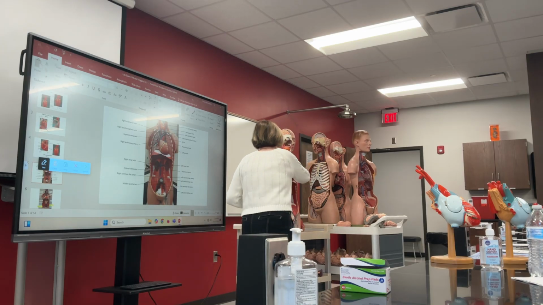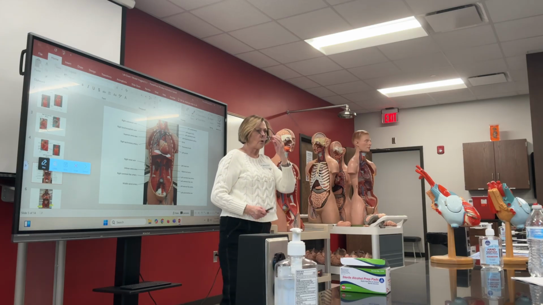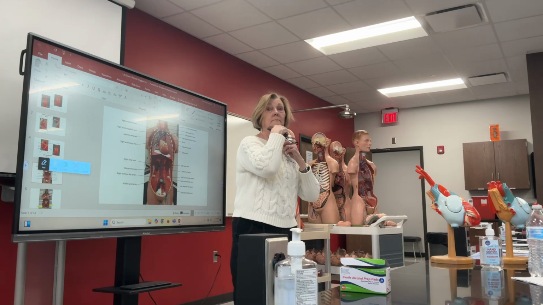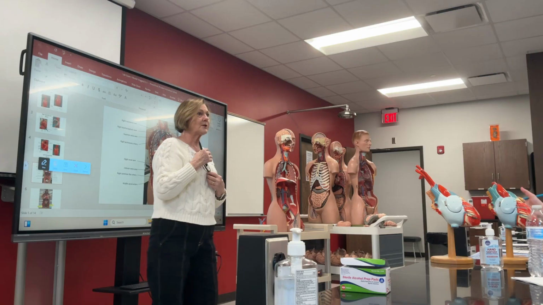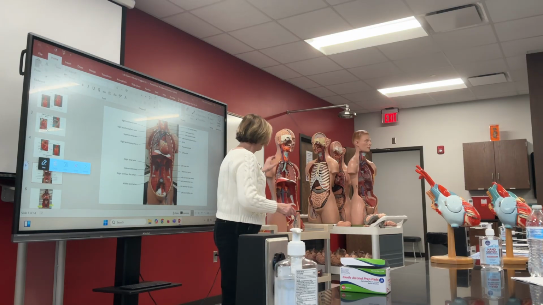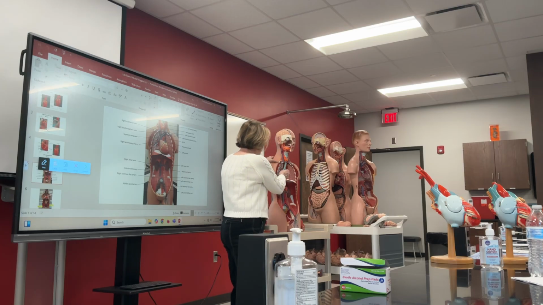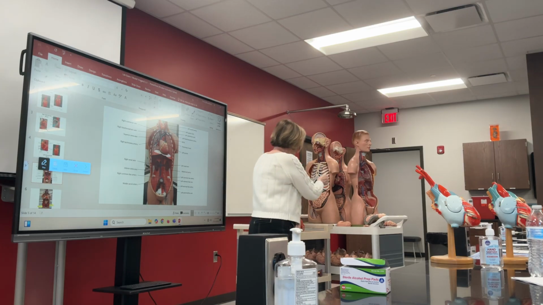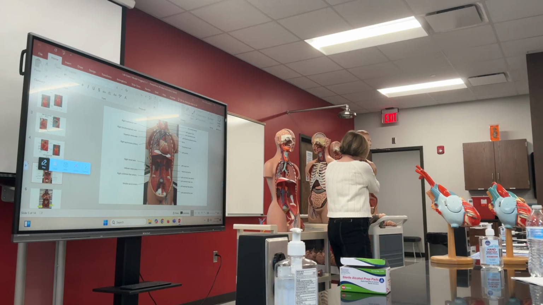So, show me where the descending aorta is. On the heart. Yes. Right here. Yes, on the heart. Okay? I'm going to ask you what this structure is, either on Bobette or Pinky. What cavity is this?